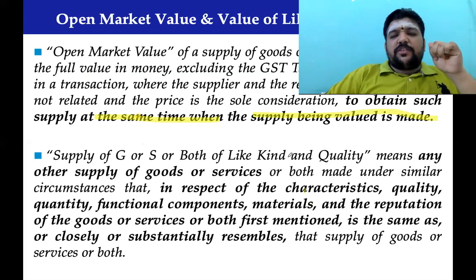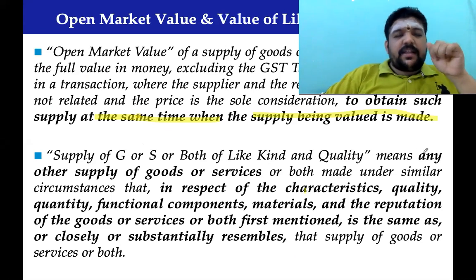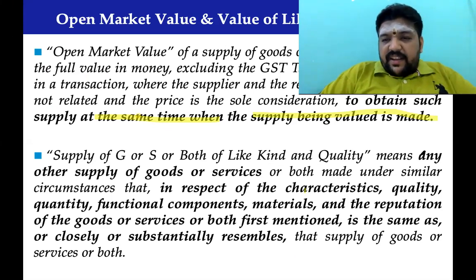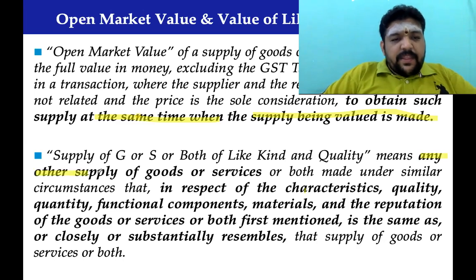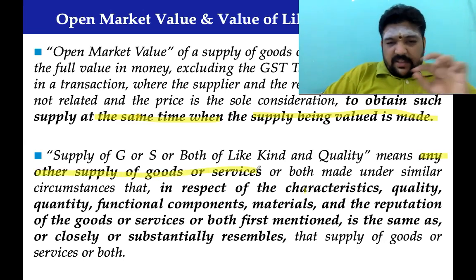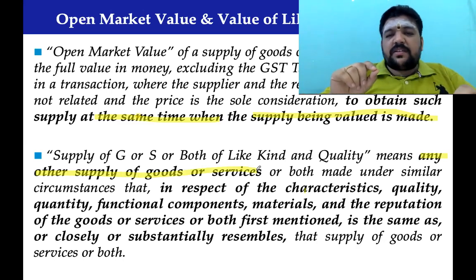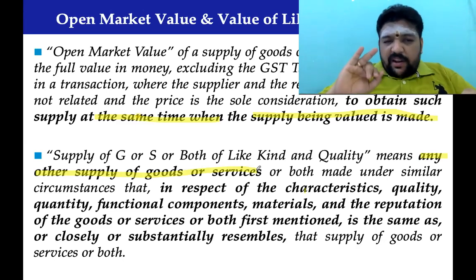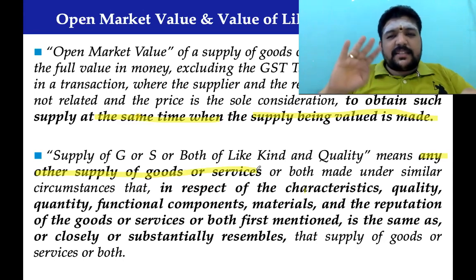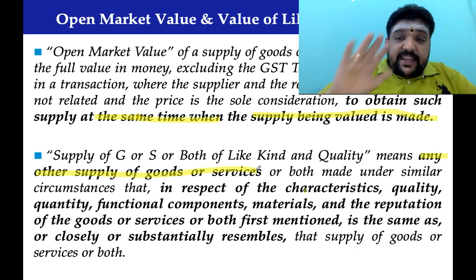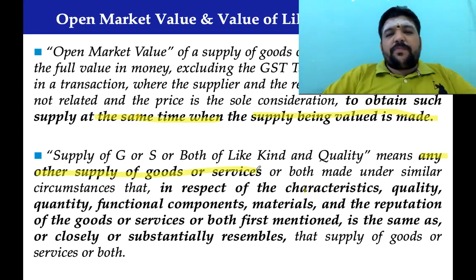Supply of goods or services of like kind and quality means any other supply of goods or services which are made under similar circumstances in respect of the characteristics, quality, functional components, material, and the reputation of goods or services, or both, first mentioned above, is the same.